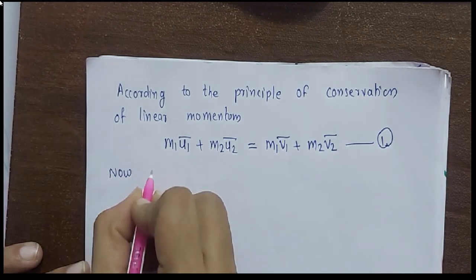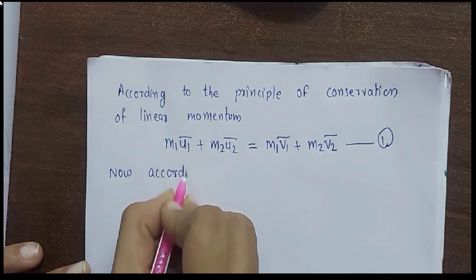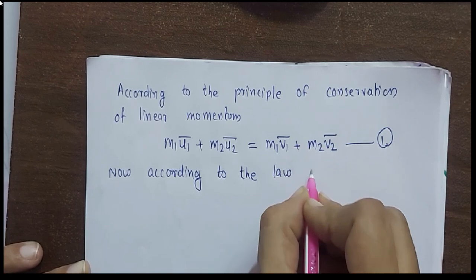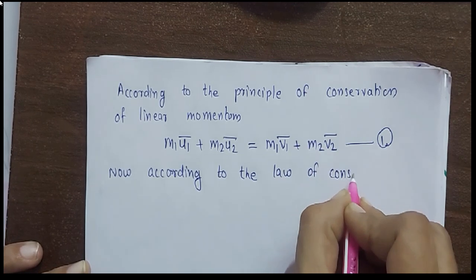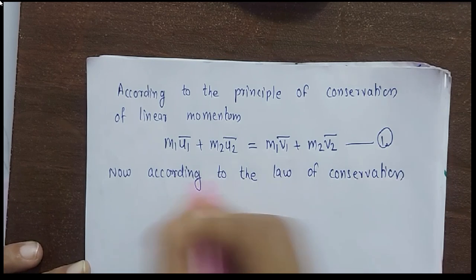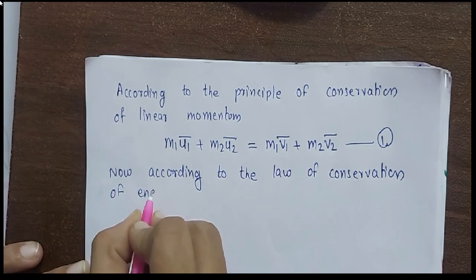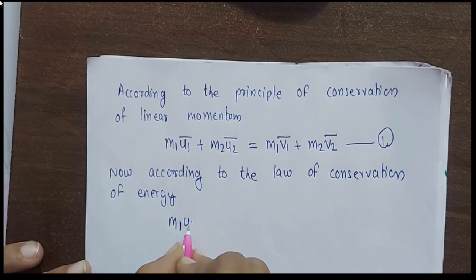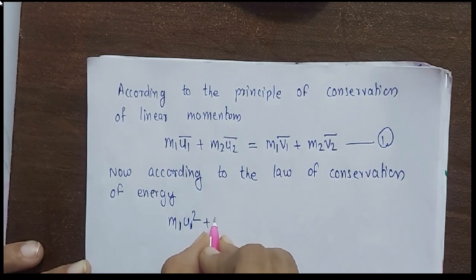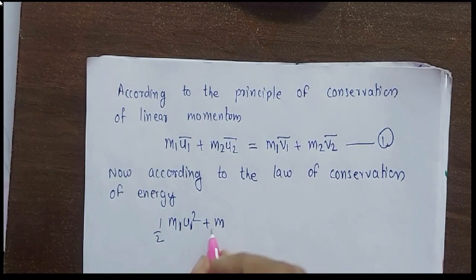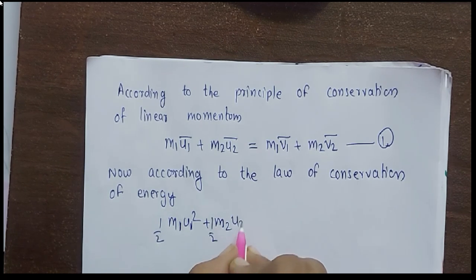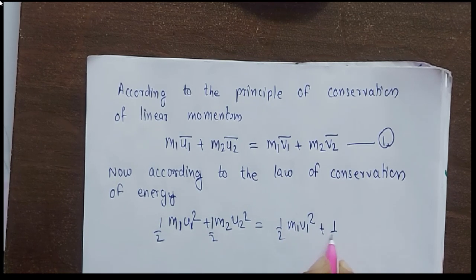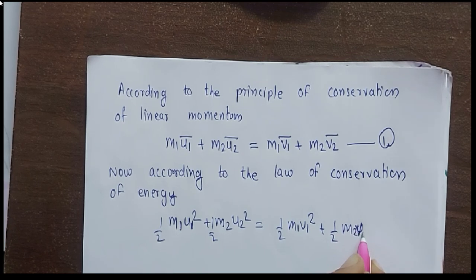Now according to the law of conservation of energy, this is the kinetic energy: half m1 u1 square plus half m2 u2 square is equal to half m1 v1 square plus half m2 v2 square.